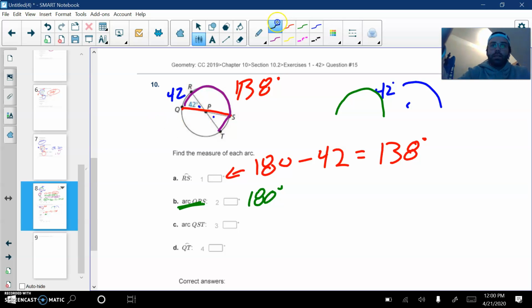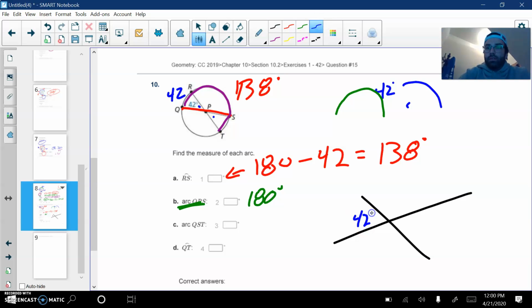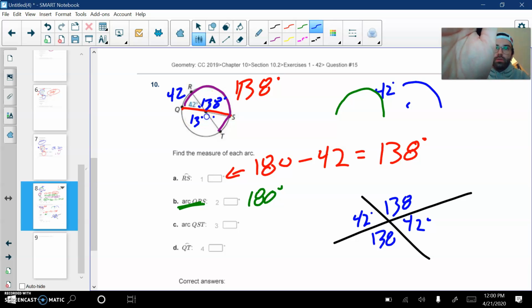Why? Look at this picture there. If I just draw this separately, if I know this is 42, this also has to be 42 because they're vertical angles. Since this is 138, that this would be 138 down there. Since my arc RS is 138, that tells me this central angle is 138, which makes this arc 138.